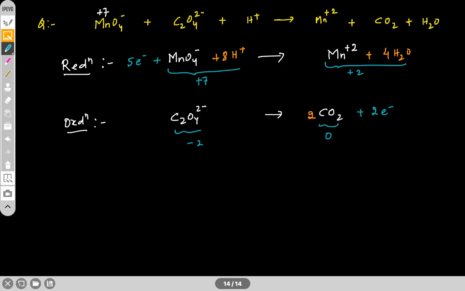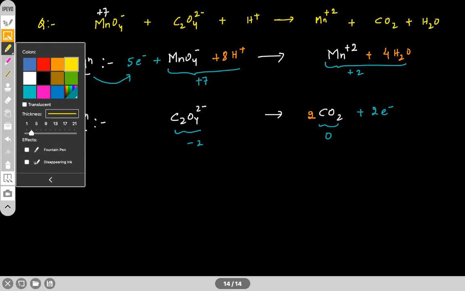Reduction, you see, is always consumption of electron. Electron is added on the reactant side. Oxidation, electron is released on the product side. Now we add the two so that the free electrons get cancelled. So for that I'll multiply this by 2 and we'll multiply this by 5.